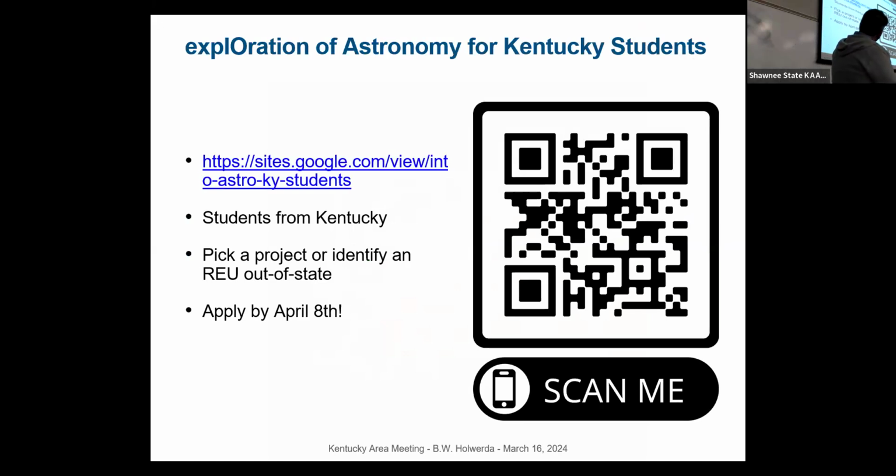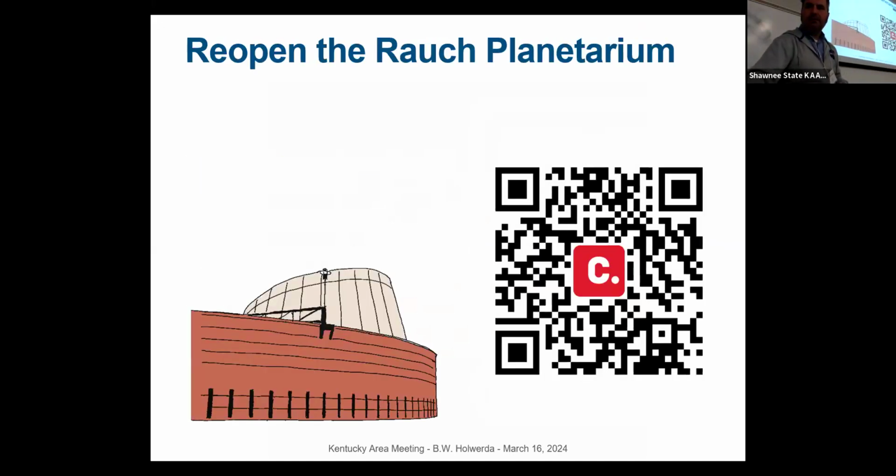So, sorry, I'll go to this one first. I put up a change.org petition. You may have all seen it, because I think half of you are friends with me on Facebook. I made a drawing of the Reich Planetarium. We're trying to get a nice big tally, and we're over 2,000 votes already, so yay.